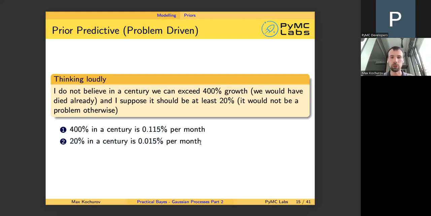And with our monthly observations, this growth model is supposed to represent the range which makes sense for growth to happen. If we put it into the normal distribution, it is something like this.